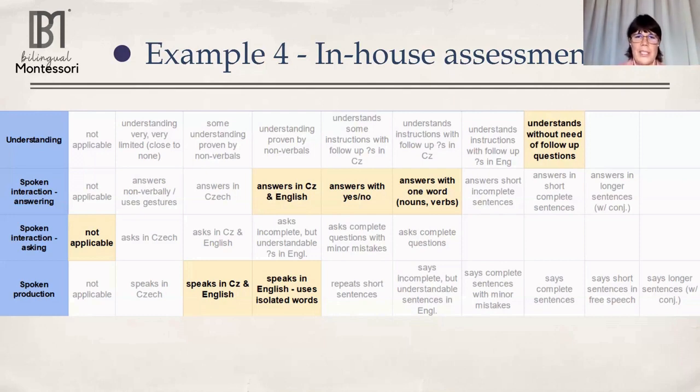Now, I was really thinking hard how to turn this into some numbers and to be able to observe whether the child is progressing or regressing, which may happen as well.